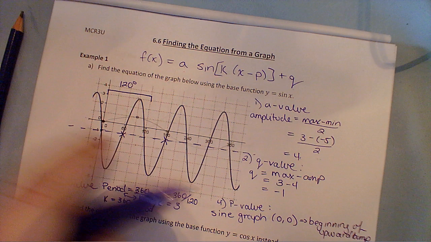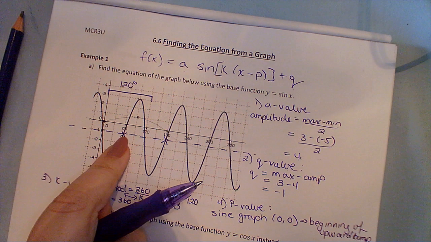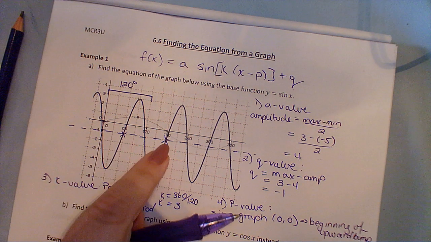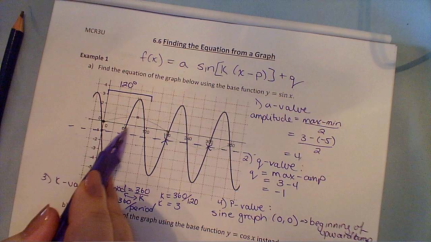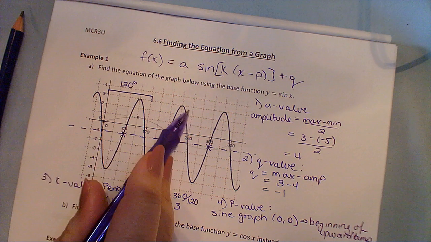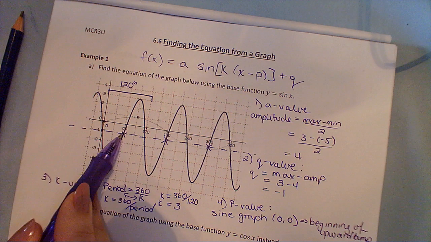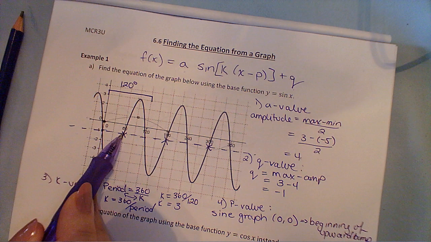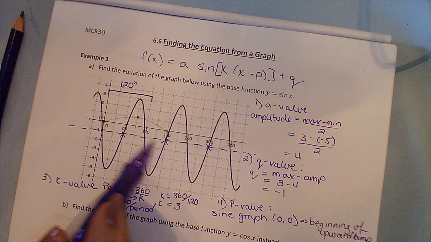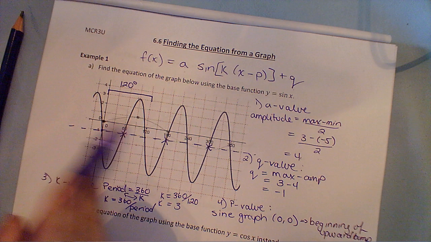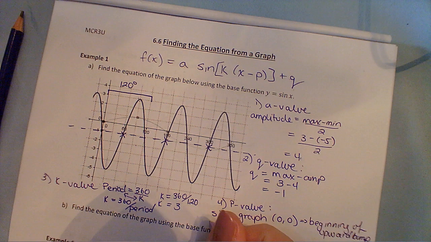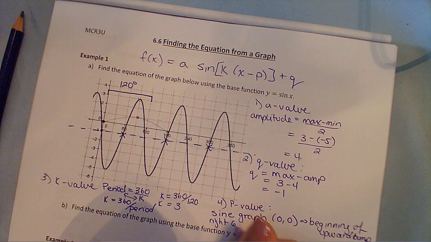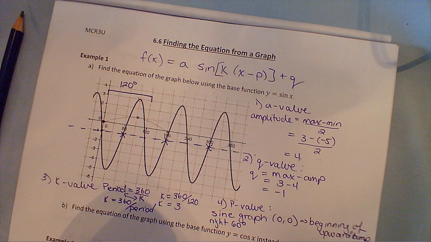So 60 degrees right, 180 degrees right, 300 degrees right. These are all the beginning of the upward bump. So we could say the sine graph was shifted right 60 degrees, or maybe right 180, or maybe right 300. And it won't matter which one we pick. So right 60, for instance, would be an option.